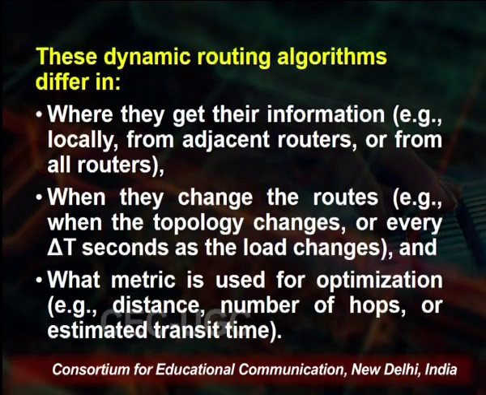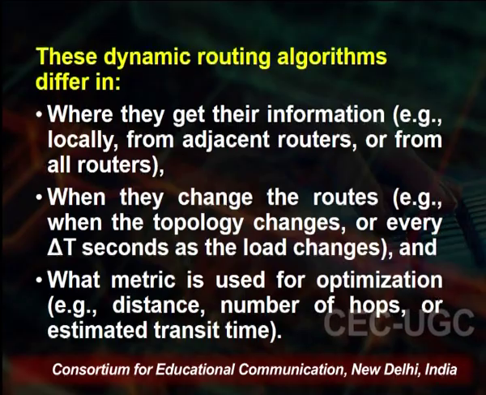And when they change the routes, that is, when the topology changes or when the traffic changes, they need to look into what metric is used for optimization. That metric could be distance, number of hops, or the estimated transit time. We are going to talk about these metrics of optimization soon. What we can say is that these dynamic routing algorithms will be able to change their route as per the topology changes or as per the load changes. Fine.